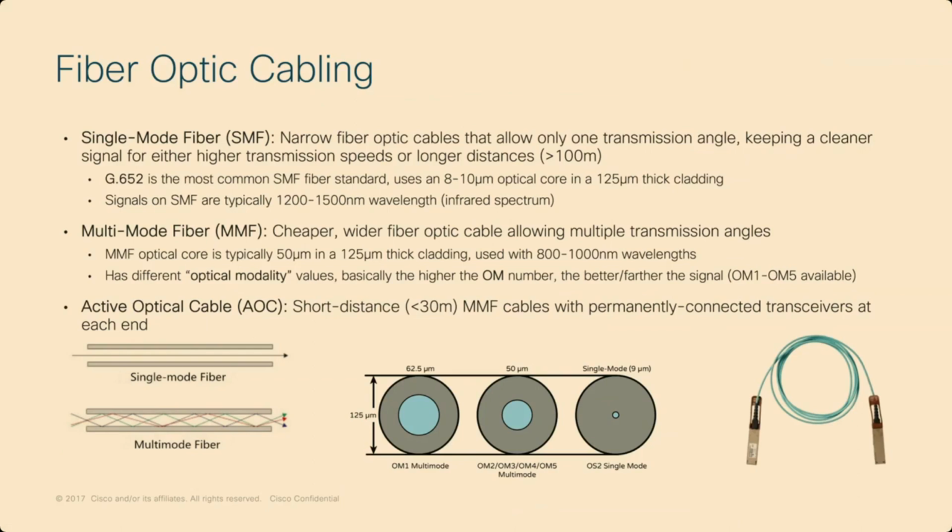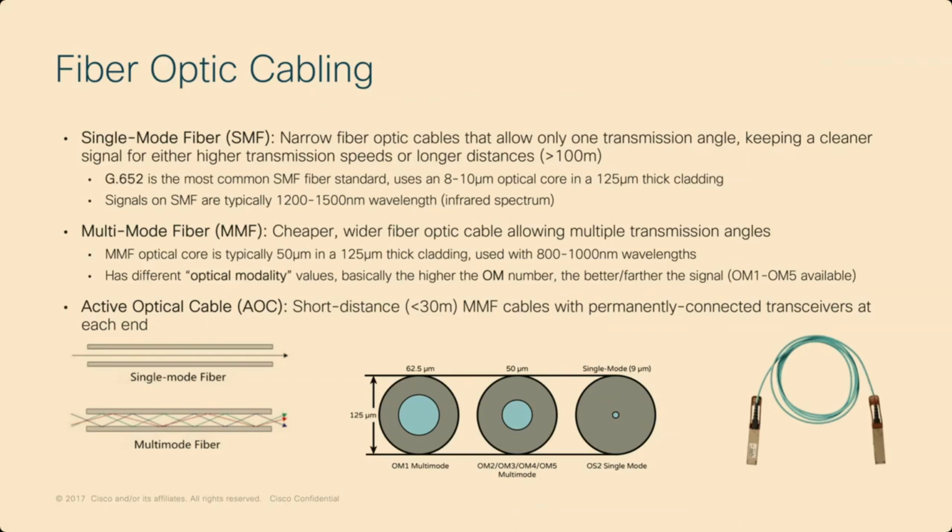When you are dealing with shorter distances and not as high throughput, you're typically dealing with multimode fiber. It's generally much cheaper fiber. It's going to be a wider fiber optic cable, and basically it's typically going to be a 50 micron wide optical fiber.